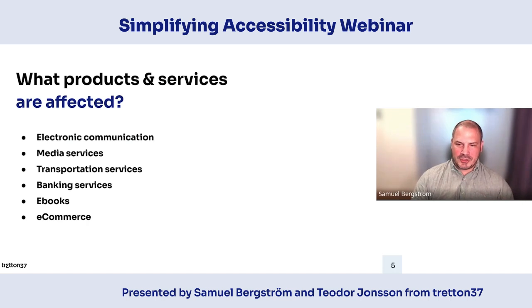All the transportation services, mostly consumer facing, in which case we're talking about web services, apps, ticketing machines, any type of interactive terminals that consumers might interact with. Banking services, ebooks, and interestingly, e-commerce sites. So even the idea of people being able to buy online is being covered by this new regulation.